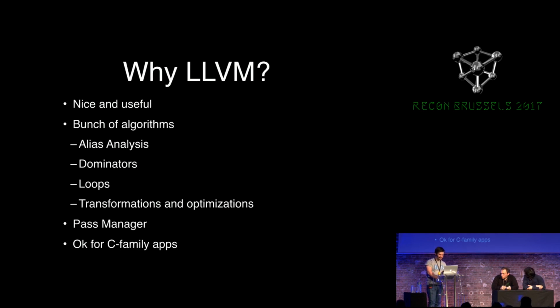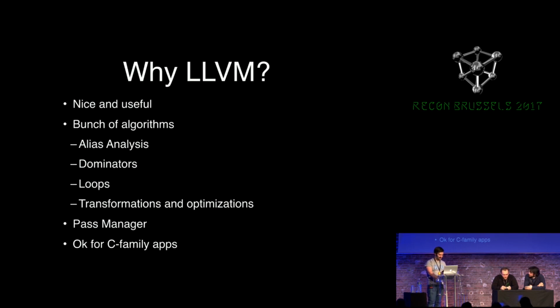Well, as I said before, we had to pick some intermediate representation that is suitable for representing binary program semantics and suitable for security analysis. So we decided to use LLVM as internal representation of recovered code. LLVM provides a handy static single assignment-based intermediate representation that is well suited for representing C family programs, including Objective-C programs and even Swift.